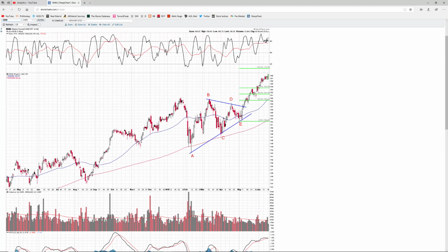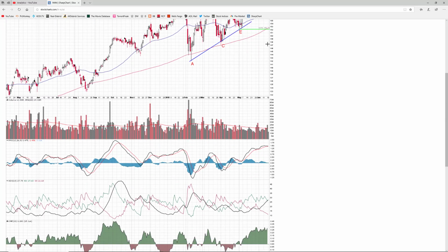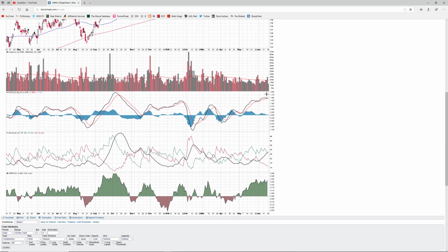So we've got this indicator telling us basically that the market is under stress on the high side. Does not mean it can't go higher. Let's go down here. Our PPO value is basically telling you that it's at the high end of the range, but still has room to move if it wants to.